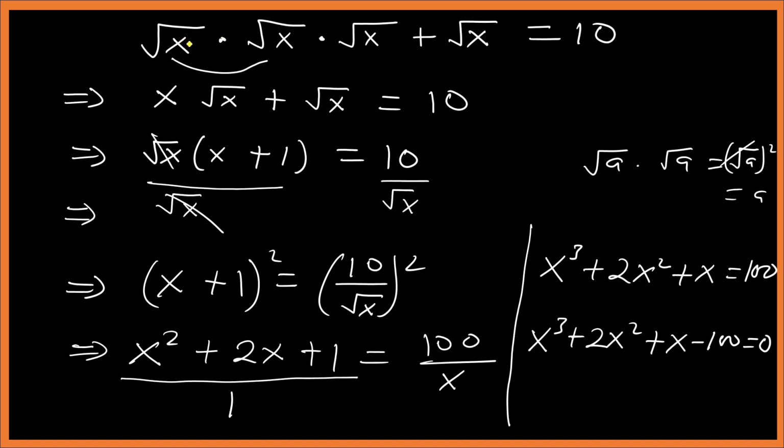So this side will be 4 times root 4, square root of 4 times that of 4. And this side will be 2 plus 2. So we have 4 times 2 plus 2. So we have 8 plus 2, 10. Okay, that's that.